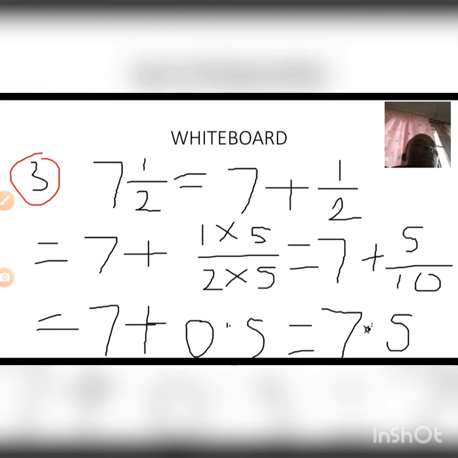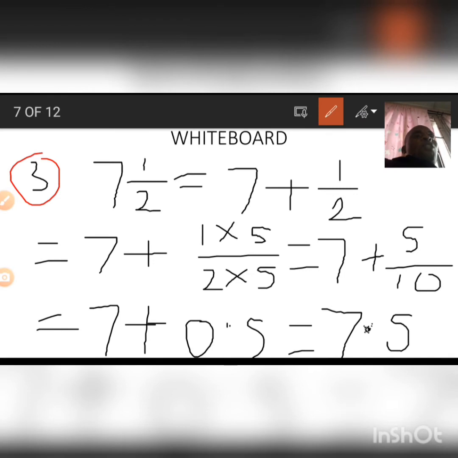So we have 7 plus 5 over 10, because 1 times 5 is 5 and 2 times 5 is 10. So our new fraction is now 7 plus 5 over 10.